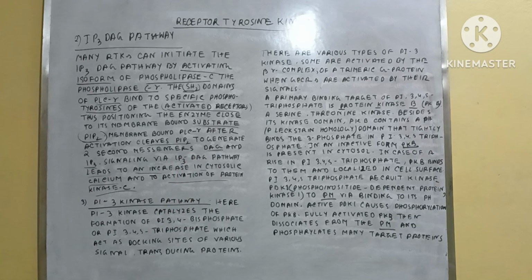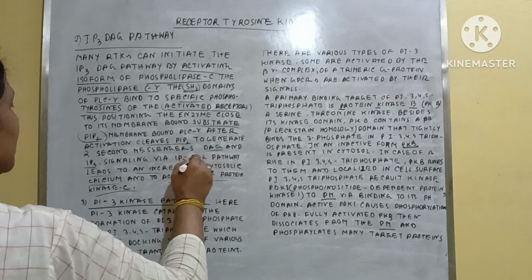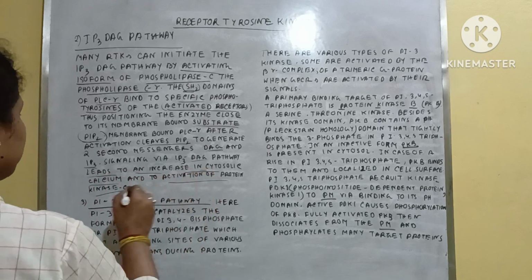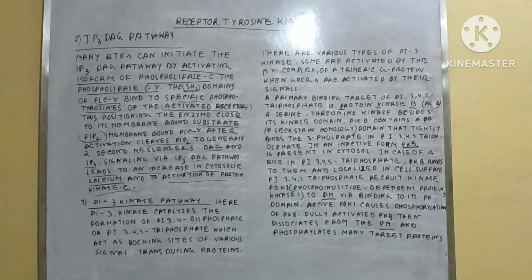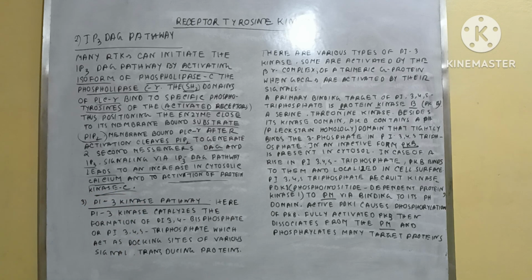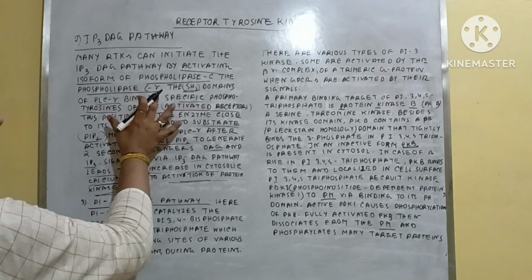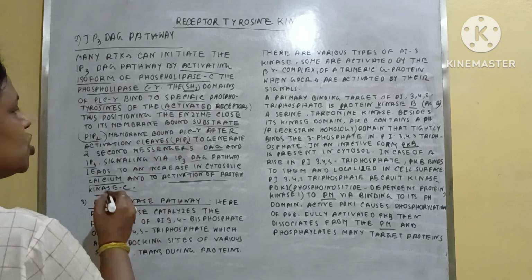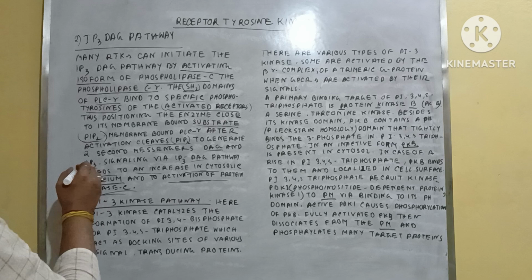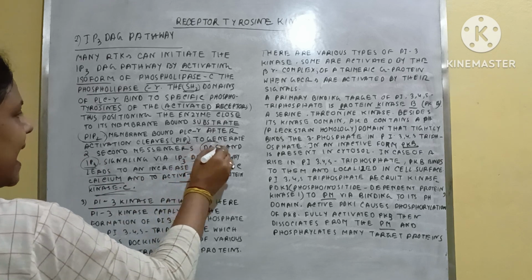The signaling process occurs through this, and that leads to an increase in the calcium level in the cytosol and activation of protein kinase C. Clear? That means if activation is completed, then PIP2 dissociates into two parts: one is IP3, another is DAG.